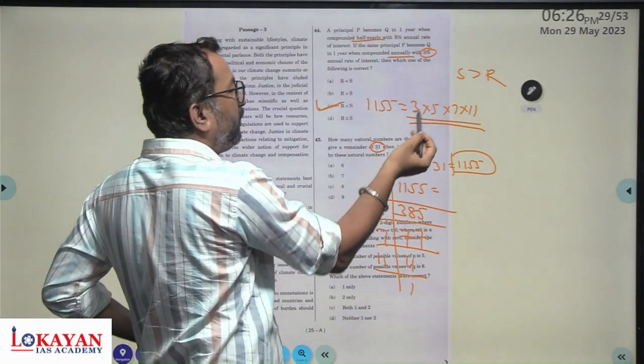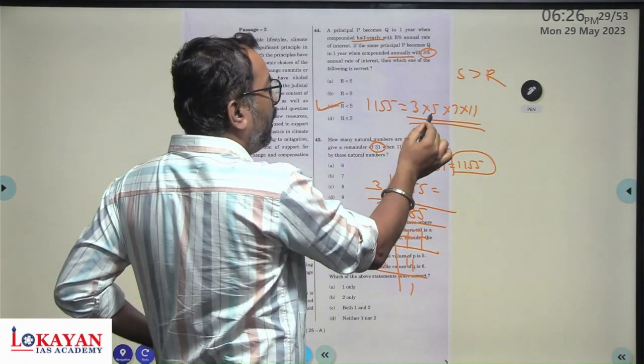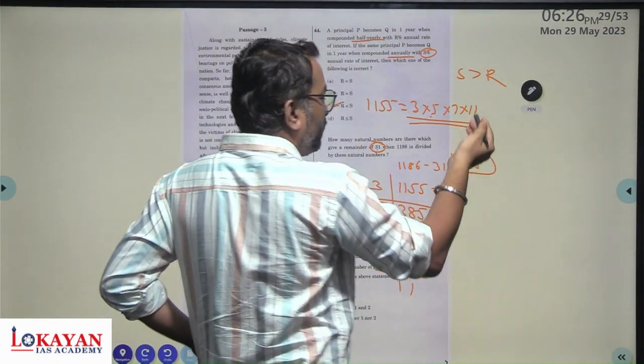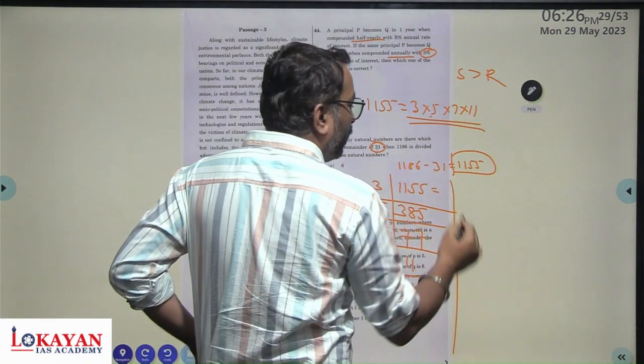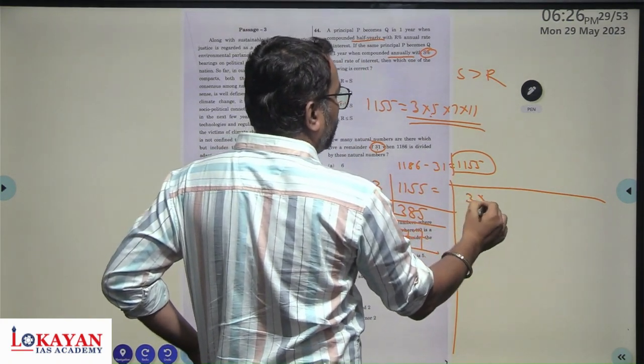So 3 into 5, 15 will not be that number because 15 is lesser than 31. But 5 into 7 can be that number. So let's check how many numbers we can enumerate or enlist. See, these are the factors.